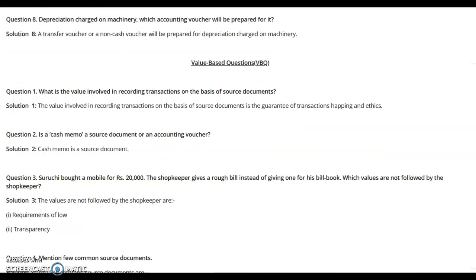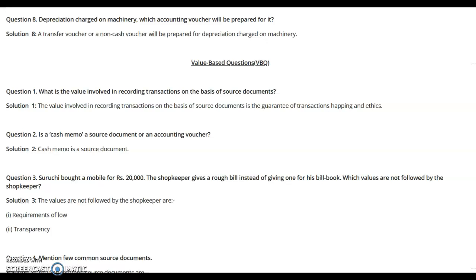Likewise, an important question: what is the value involved in recording transactions on the basis of source documents? A very important value on the basis of which the whole concept of source documents is developed is that they are very easy and simple verifiable objective evidence.